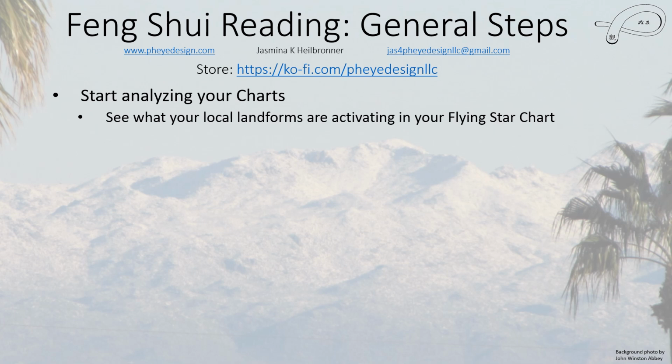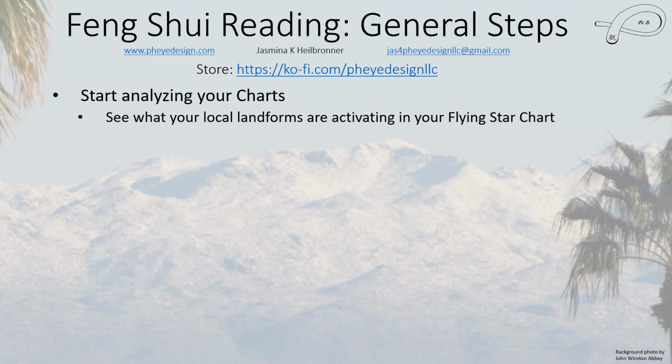Now, you will have your purple white chart, you'll have your flying star chart, and you'll have your achievement chart. And one thing you want to do is you know that you're going to have at least higher ground, unless you're in that very unusual situation that you're at the top of a hill.